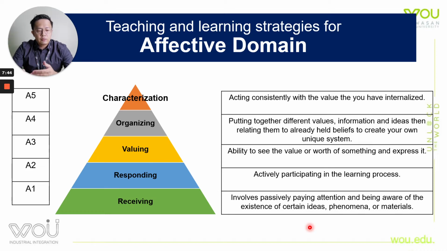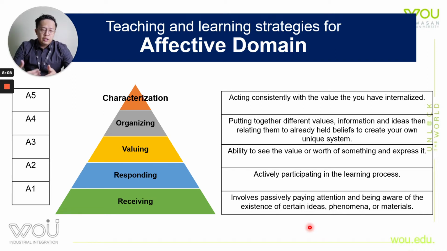A3 is valuing, whether they are able to see the value and worth of something and express it. A4 is organizing, where they are able to put together different values, information and ideas, relating them to already held beliefs to create their own unique system. Finally, A5, whether they are acting consistently with the values that they have internalized.